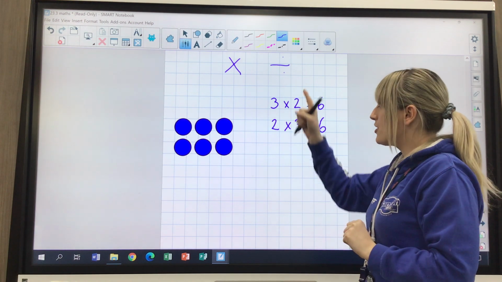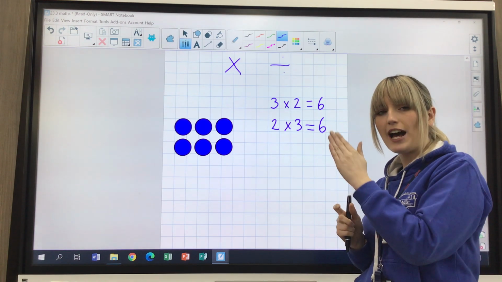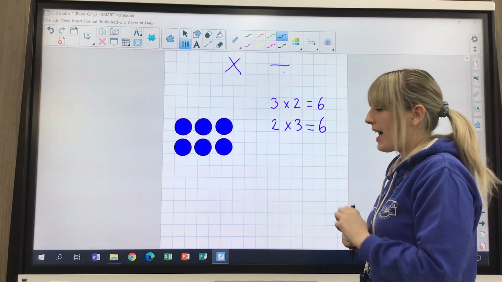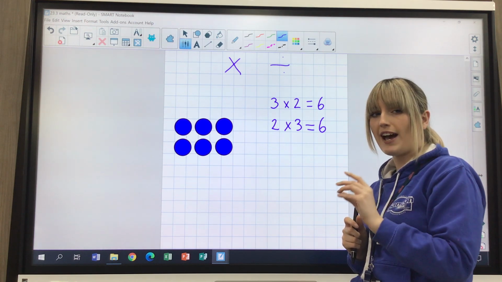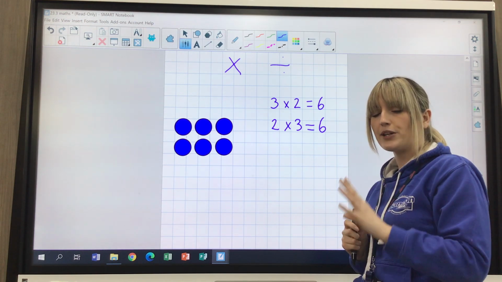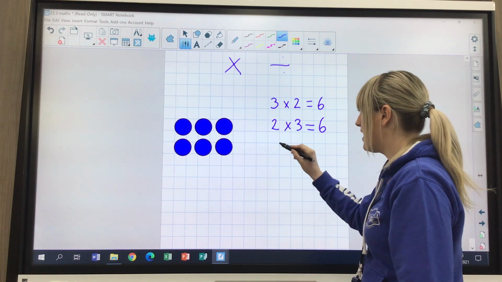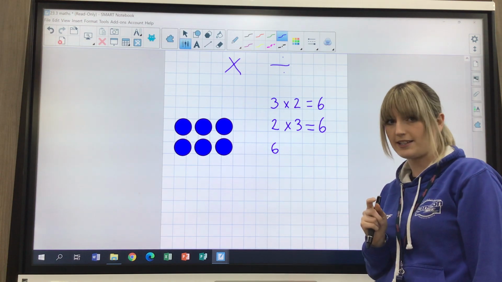Okay then, so when we're dividing, we are finding out how many groups fit into the number. So I know, and we just spoke about this, when we're dividing, the biggest number goes at the start. So I've got 6 counters there. So my number sentence needs to start with the number 6.